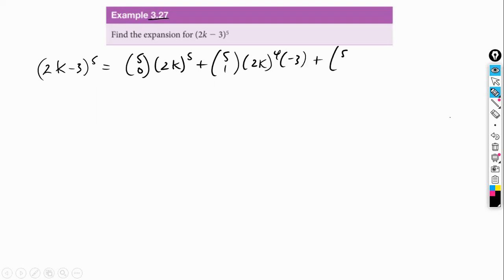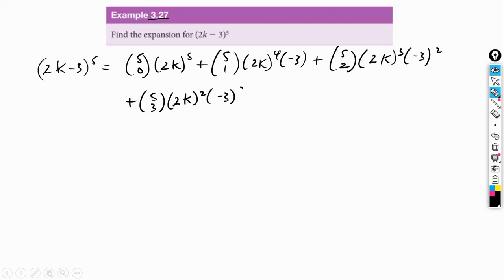And then 5 over 2, 2k to the 3, negative 3 squared. And then we have 5 over 3, 2k squared, negative 3 to the 3. And then 5 over 4, and we have 2k, negative 3 to the 4, and then the final one, 5 over 5, and then 2k would be gone, and this is negative 3 to the 5.